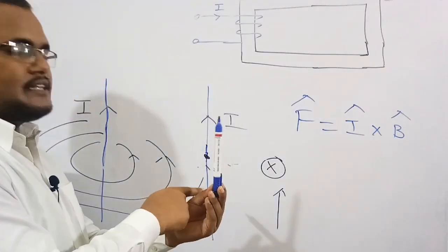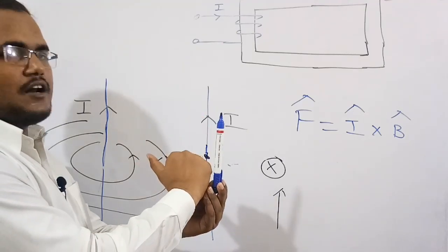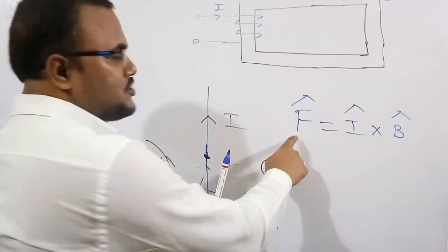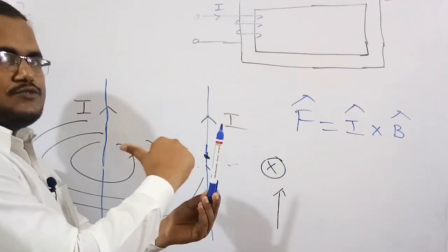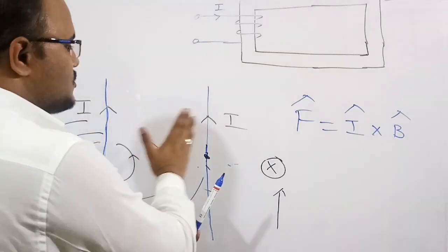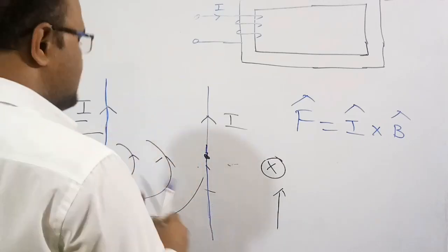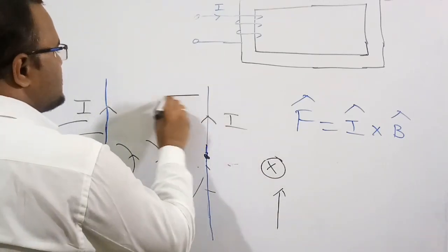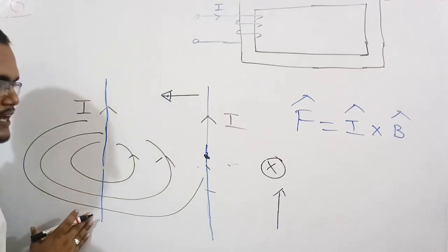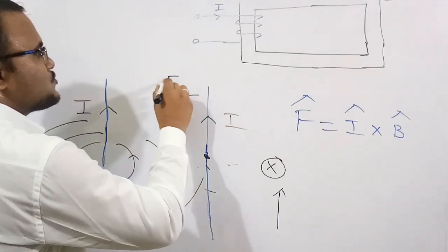Now the thumb indicates the direction of the force. This force is towards the left side, this one is left and this is right, so the force is left side. Because of this wire, there is a force on this wire, and the direction of this force is this one.